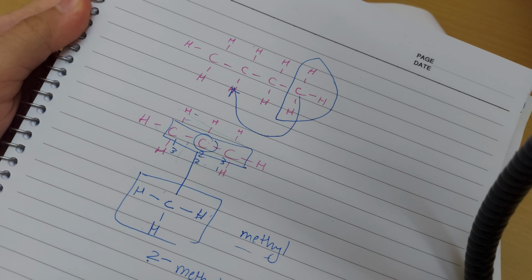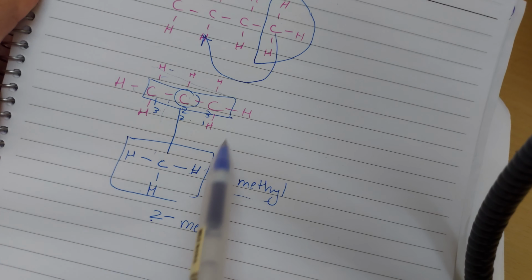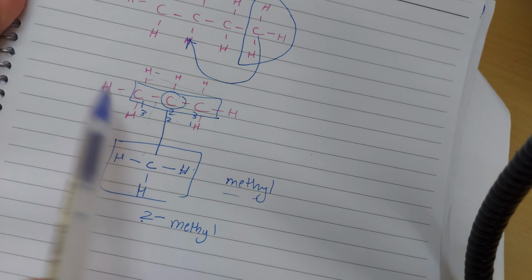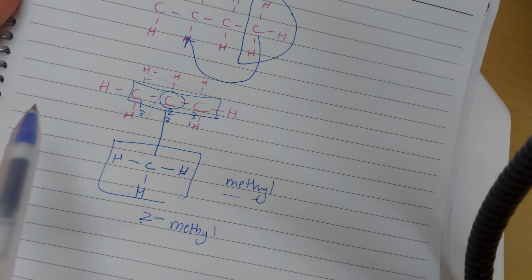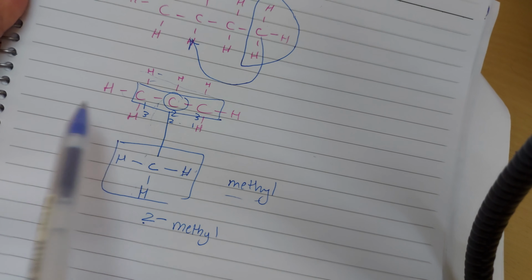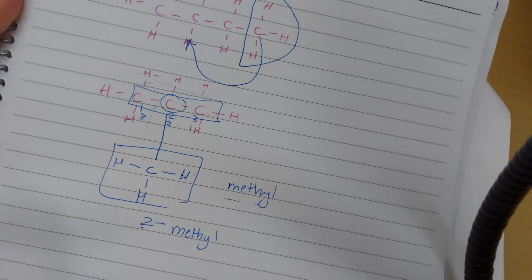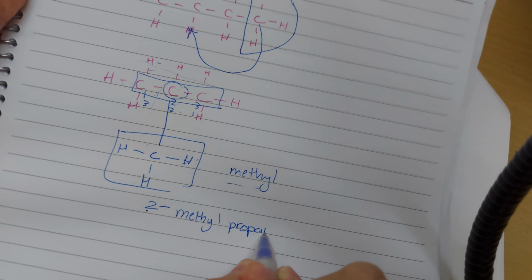So when isomers happen, basically, the chain becomes smaller and the name of the chain changes. So how many carbon atoms? 1, 2, 3. So that's prop. And then there are single covalent bonds, so that's propane. So the parent chain is called propane.